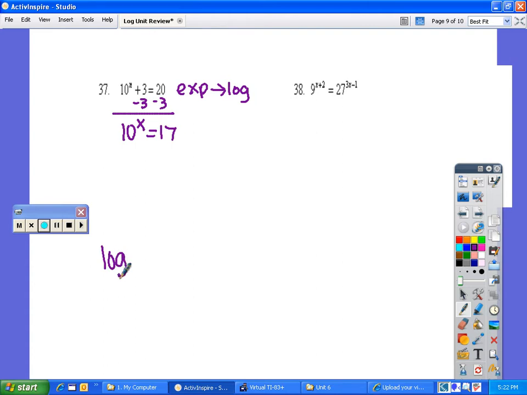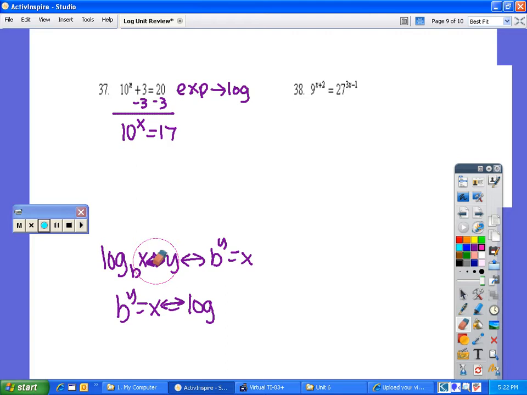Remember the rule says, okay, these are supposed to be double arrows. That's a double arrow, not an equal. Whew, tired.